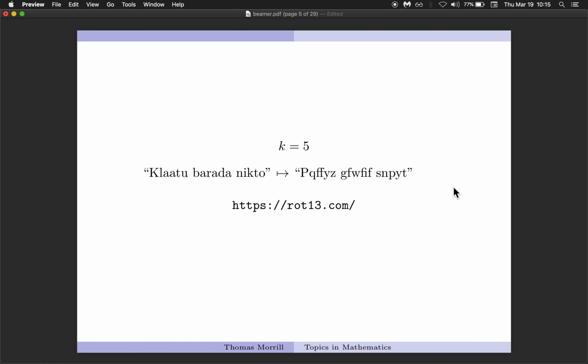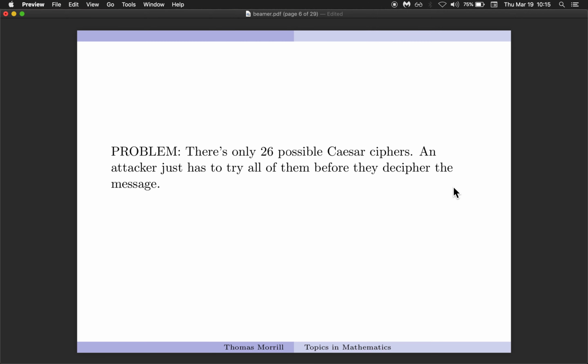Now, the Caesar cipher is historically important. It was used in Roman times, but with modern computing power, it's no longer an effective way to hide messages. Since there's only 26 characters in the alphabet, there's only really 26 possible Caesar ciphers. Either I've moved over by 1, or moved over by 2, or moved over by 3, and so on.